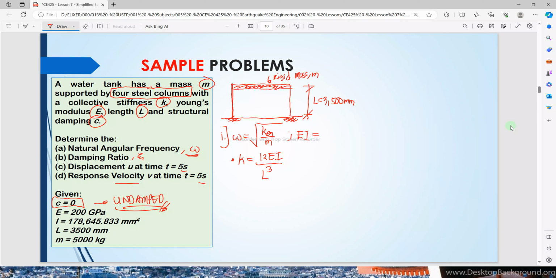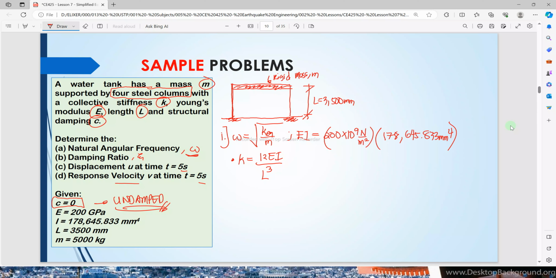Our E, the Young's modulus, is 200 gigapascal or 200 times 10 to the 9 Newton per square meter. And then our I, the moment of inertia, is equal to 178,645.833 millimeter to the fourth.